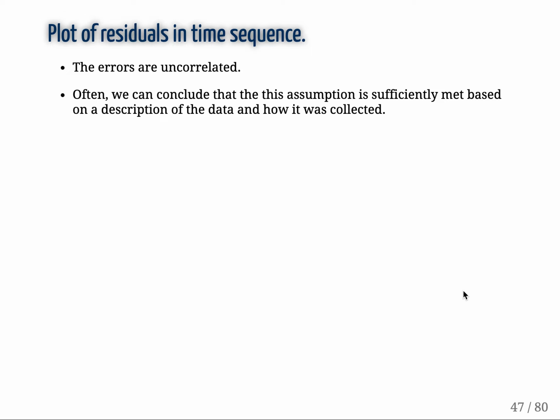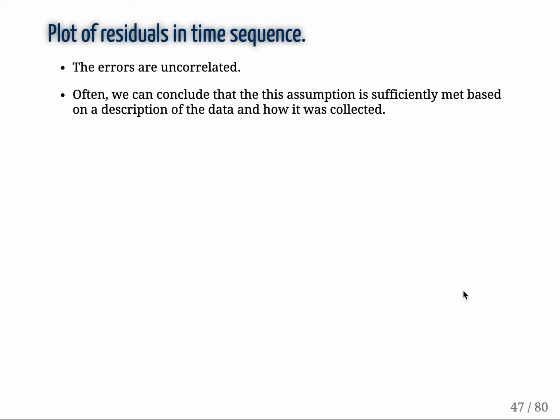If the data were collected over time, residuals should be plotted in time order to determine if there is serial correlation. For example, let's say you have one variable x, that's year, and your y variable is the total number of sales in each year. Now you have a time factor.